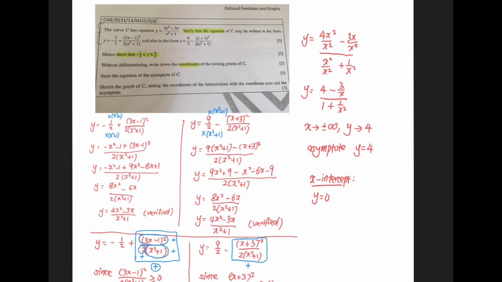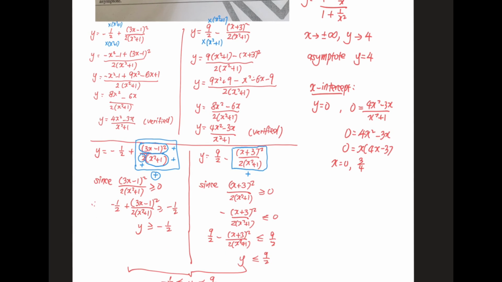So 0 equal to 4x² minus 3x over x² plus 1. I can bring the denominator over and end up with no more denominator. Then I factorize the x, x(4x minus 3). So the x-intercepts are 0 and 3 over 4.